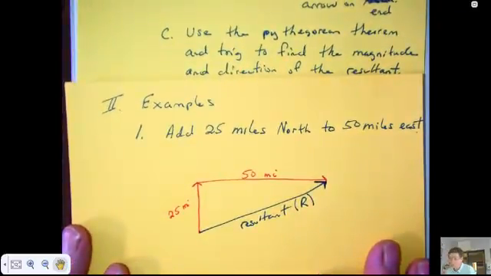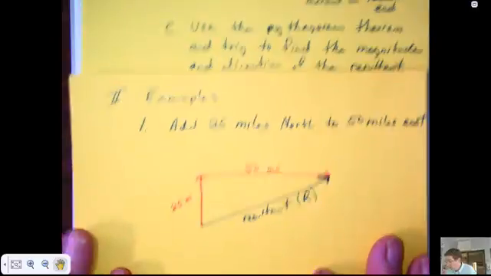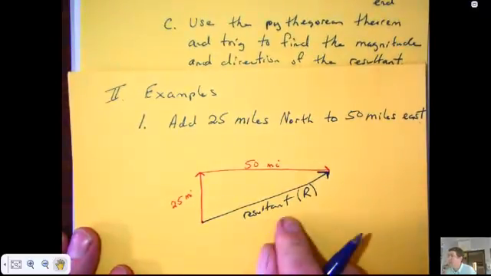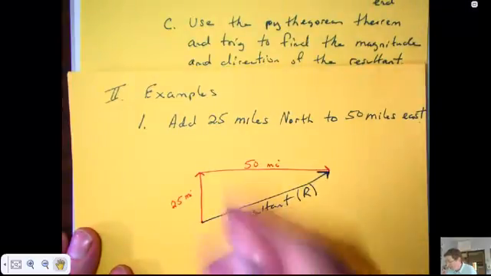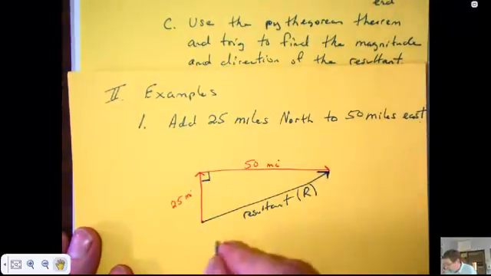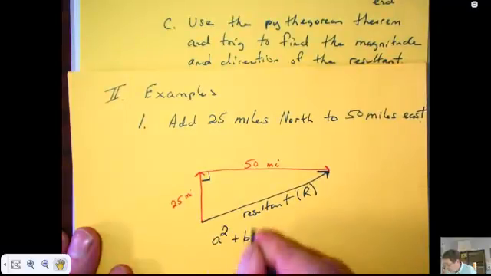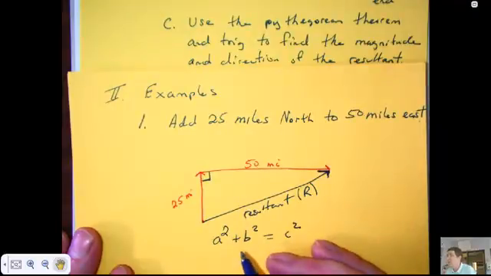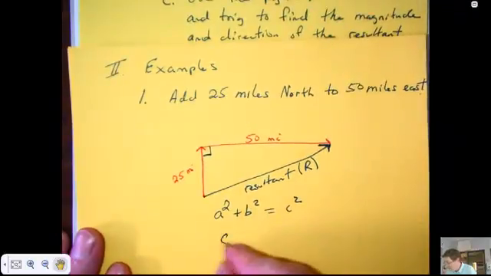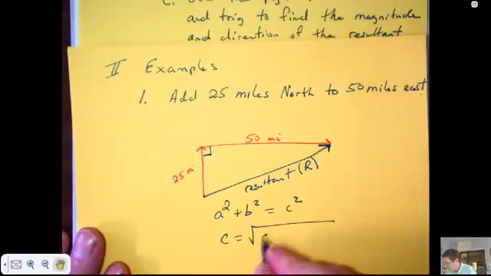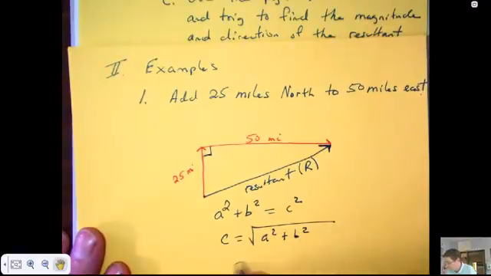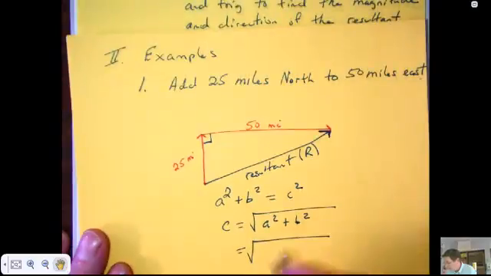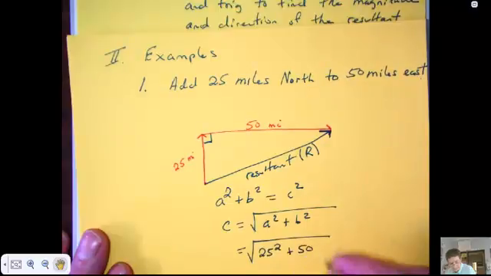Okay, so how do I find the magnitude, the length of this? We know that for a right triangle, a squared plus b squared is c squared. My hypotenuse is the sum of the lengths squared. So c is the square root of a squared plus b squared. So it's the square root of 25 squared plus 50 squared.